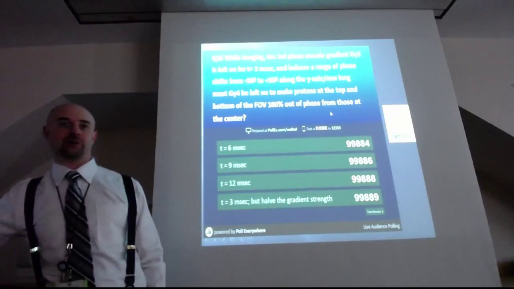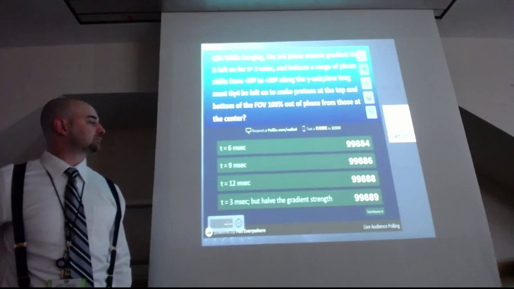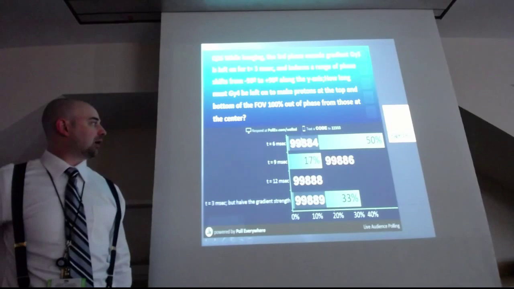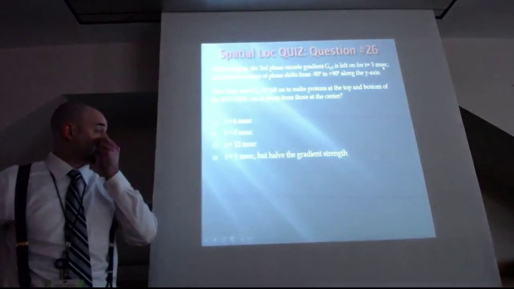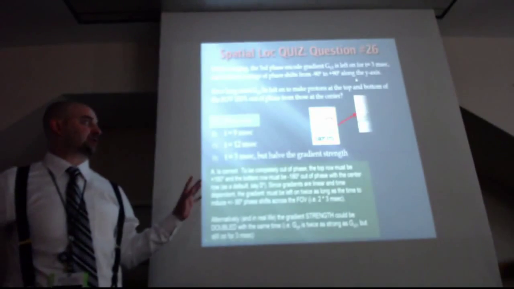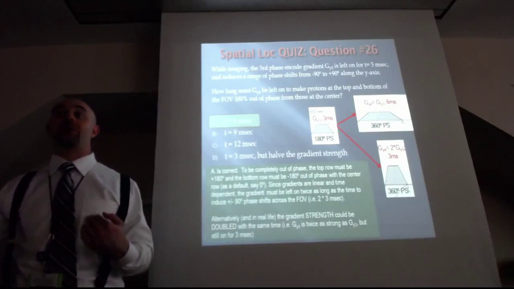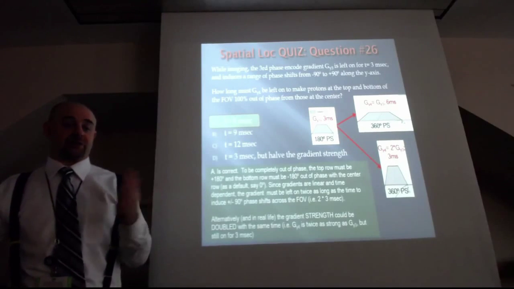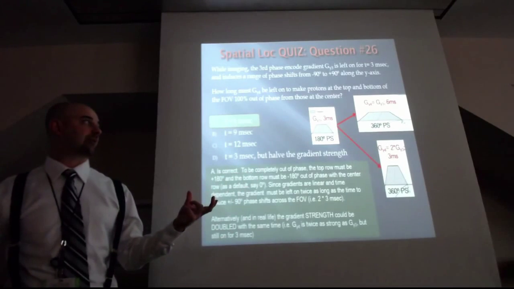It's a tough one. I'll give you guys a few seconds to figure it out. All right, most people said, okay, so we got 6. A couple said 9, and some said 3, but half the gradient strength. Well, it's 6. Okay, so there are two options. Gradients are always linear, and they're basically the integral of their strength, which is their height, and the length of time that they're on for.